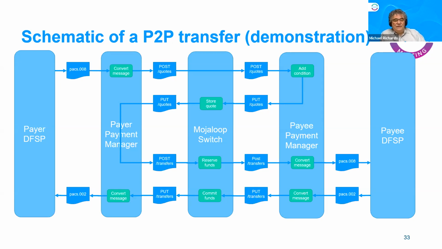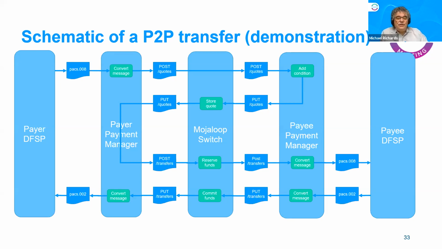The payee DFSP is happy with the idea that it's going to receive a PAIN.008, which means make a payment. It will decide to respond positively and it sends back a PAIN.002. The payee's payment manager converts that into a put transfers message with a fulfillment attached.